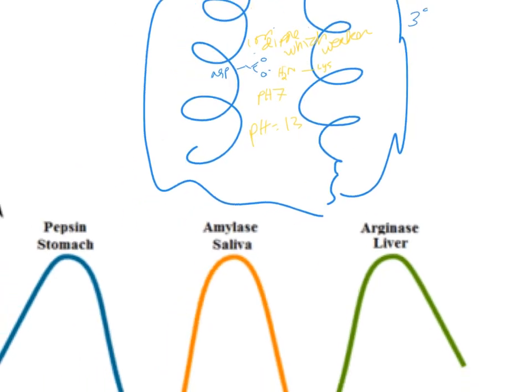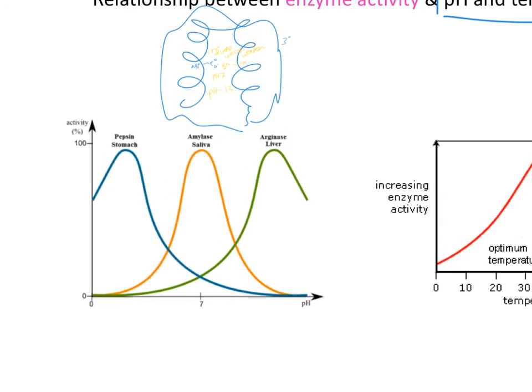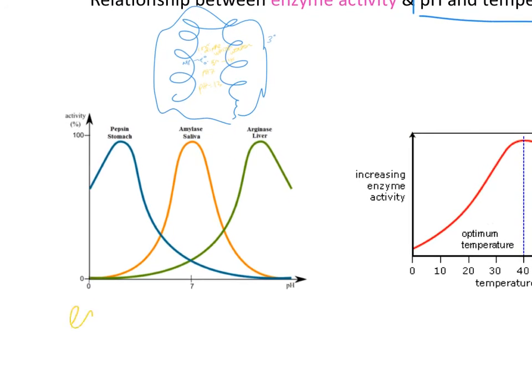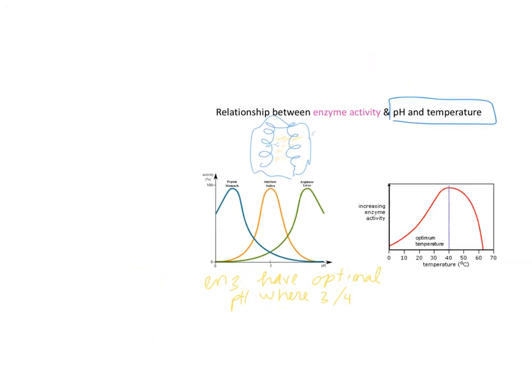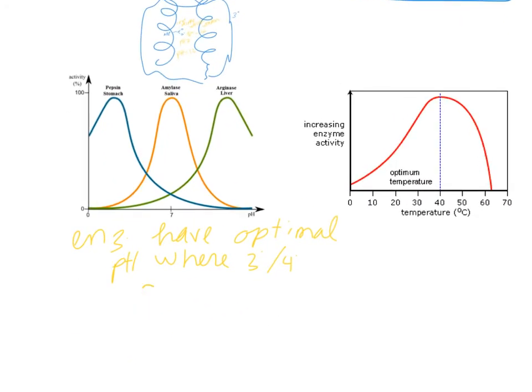So enzymes, and enzymes and proteins, it doesn't have to be an enzyme, but a protein, have optimal pHs where the tertiary, and if it has quaternary structure, are stabilized.